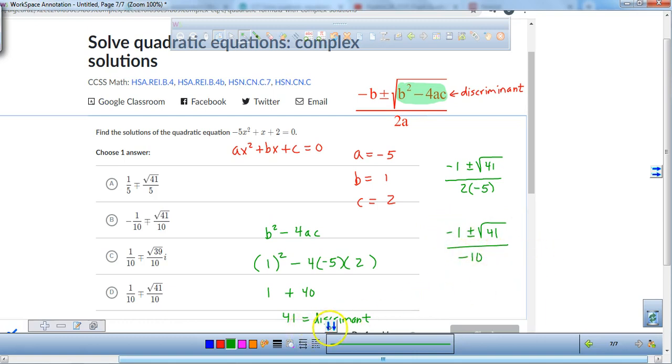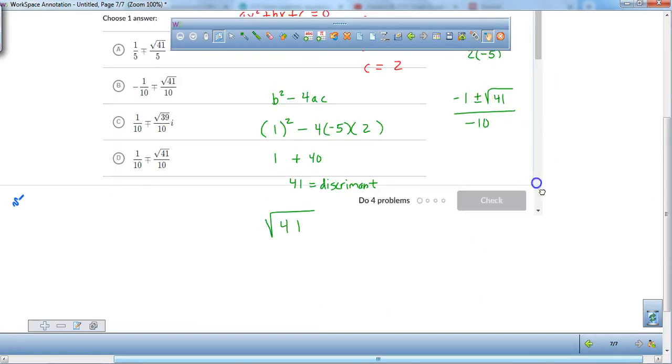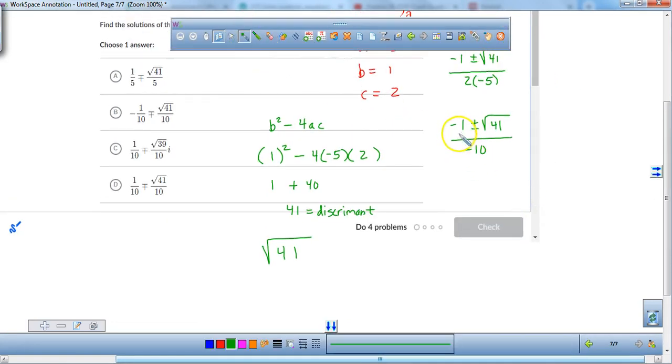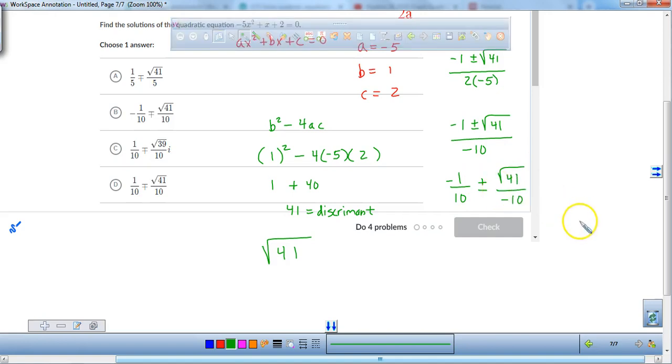So let's go ahead and split this so you can see how you're supposed to write it. So we have a negative 1 over a negative 10 plus or minus the square root of 41 over a negative 10. Alright, forgot the negative right there. There we go. Now a negative divided by a negative is a positive, so we have 1/10. Now here's the thing.